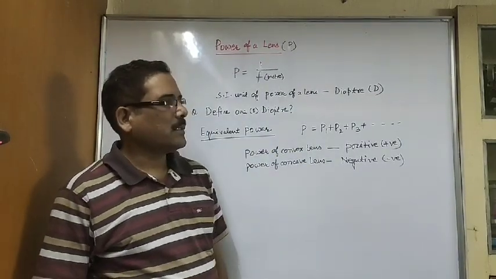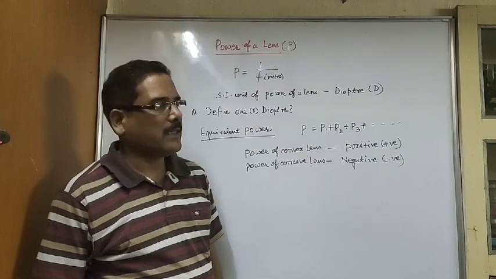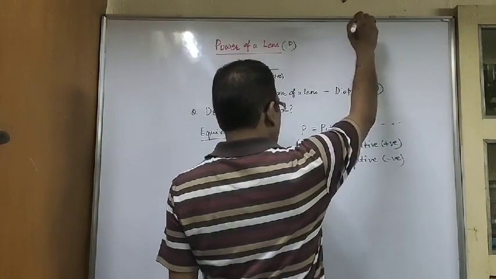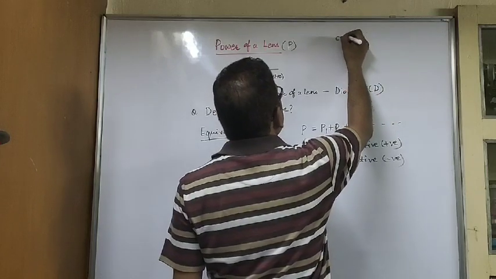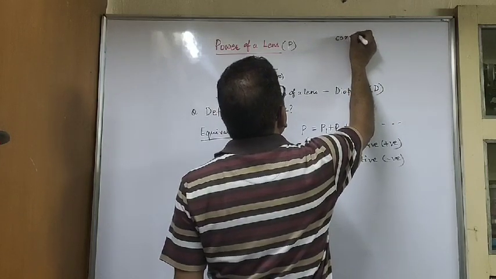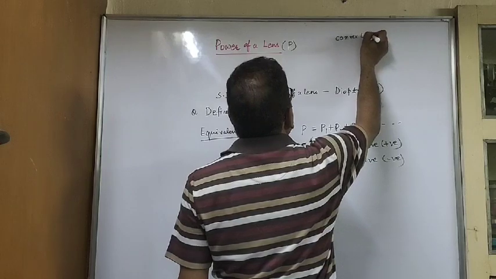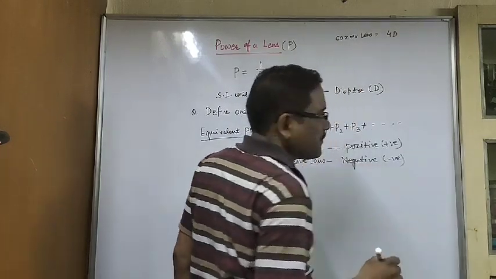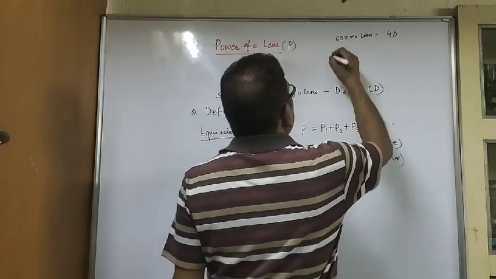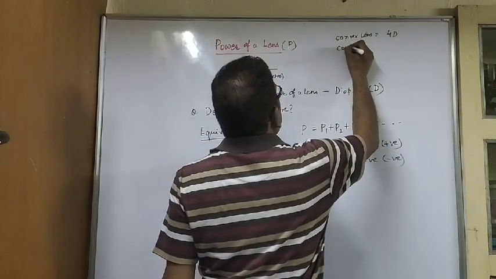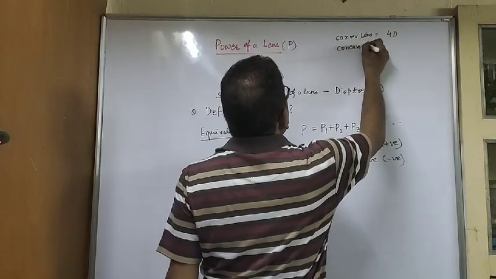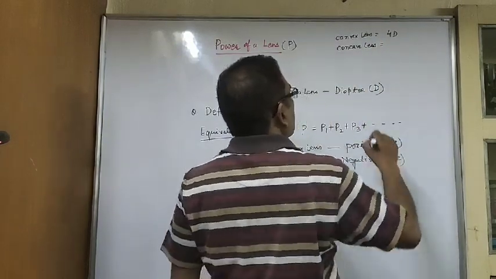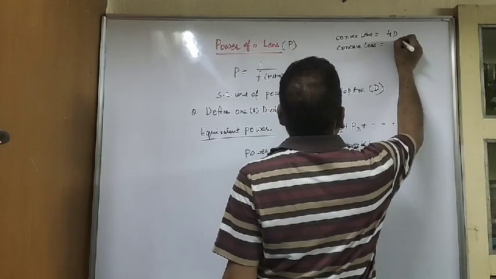Suppose there is a device where there is a convex lens of power 4 diopter, and a concave lens whose power is, suppose, 2 diopter.